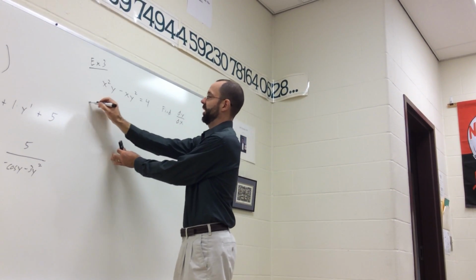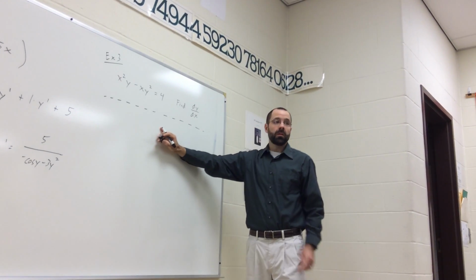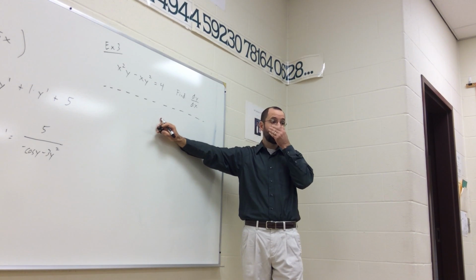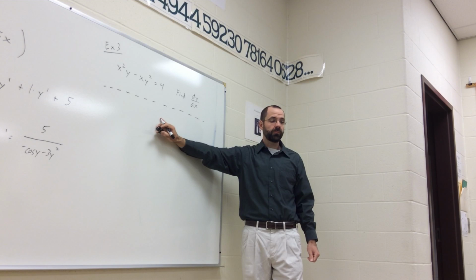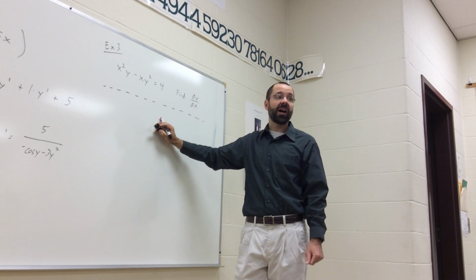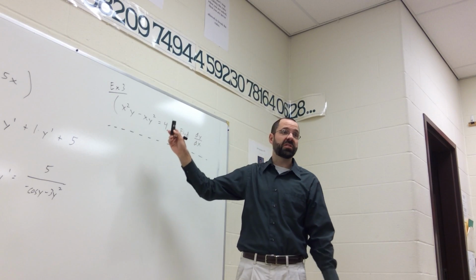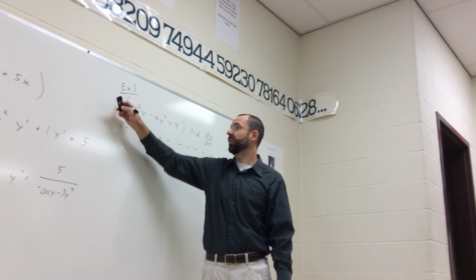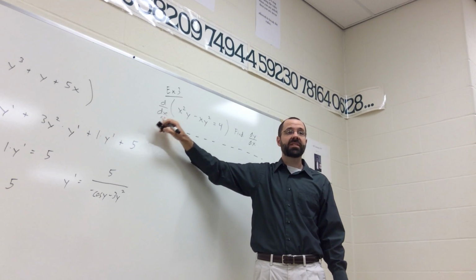It's called dy dx. Okay, so since we're finding the derivative, what we need to do is put parentheses around this and take the derivative of it. So write d dx in front of it, and that means take the derivative.